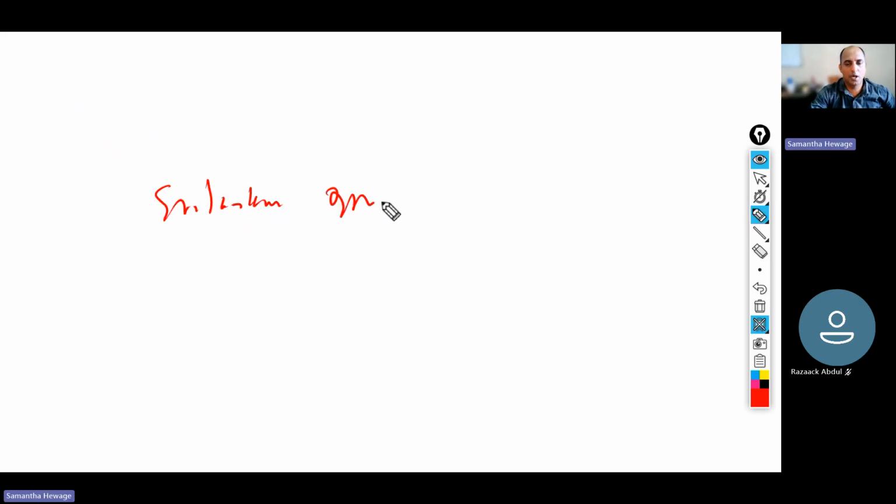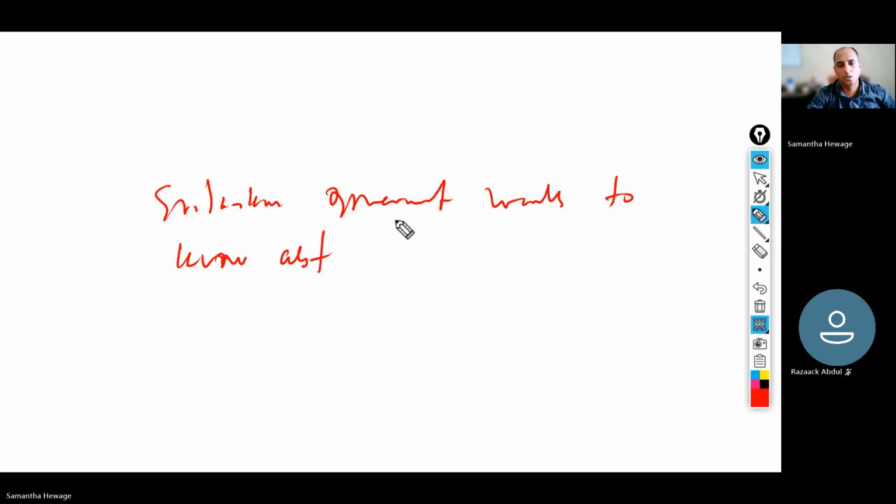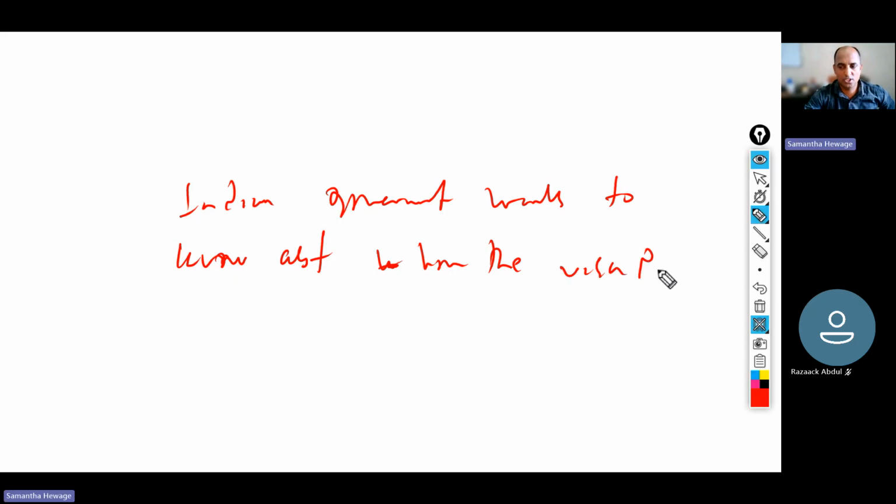The Sri Lankan government wants to know about, let's say, not Sri Lanka, the Indian government wants to know about how the visa process is carried out in Sri Lanka.